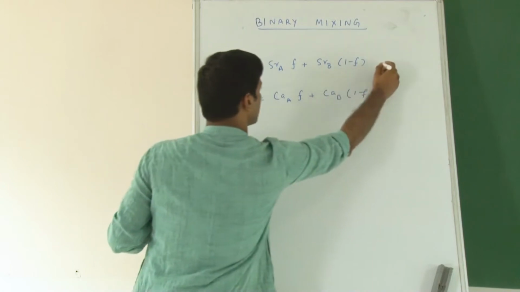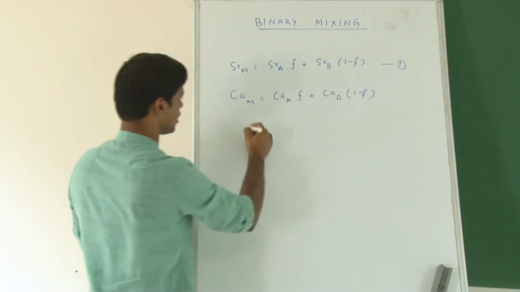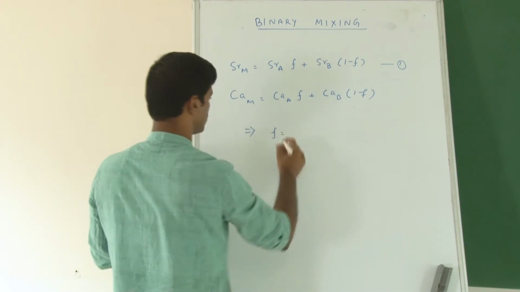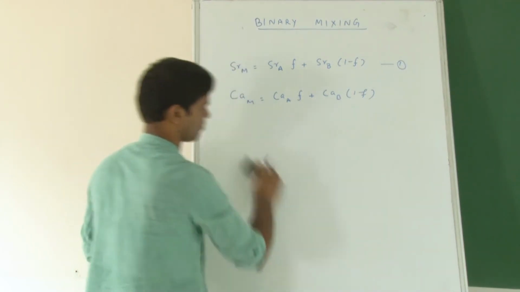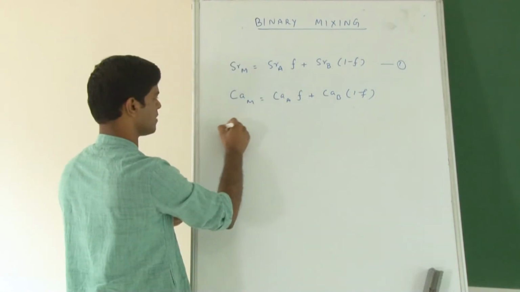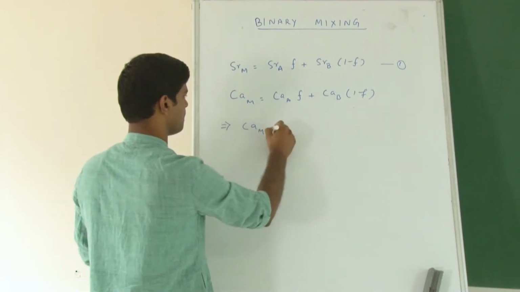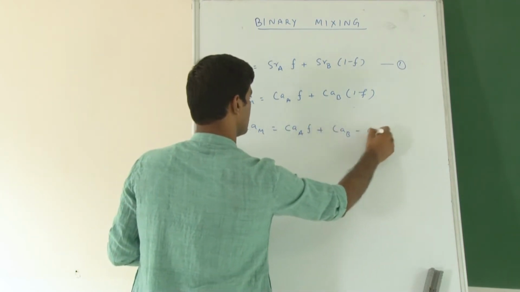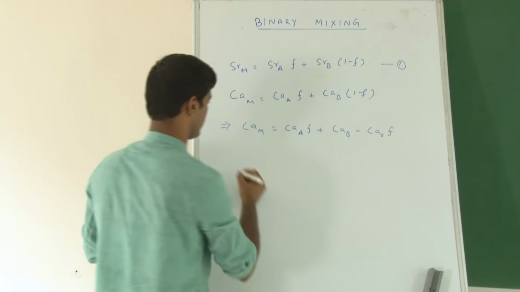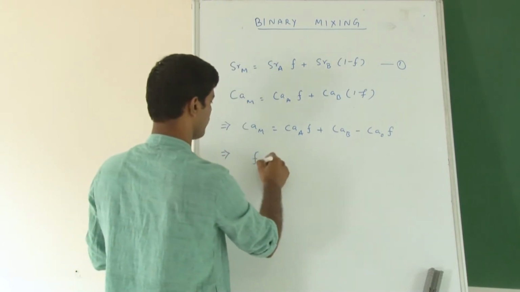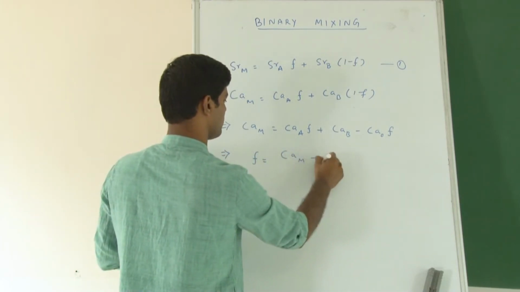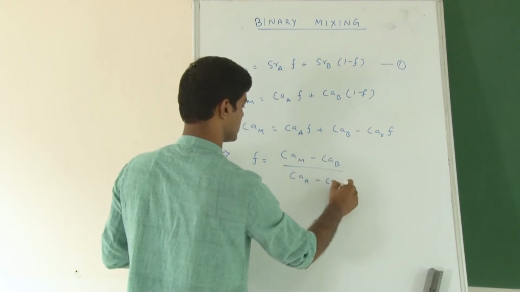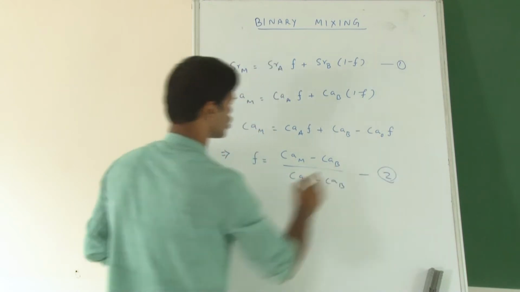So, if you solve this for F value, F will be equal to, so now this equation becomes calcium M equals calcium A into F plus calcium B minus calcium B into F. So, this is actually F equals calcium M minus calcium B, divided by calcium A minus calcium B. So, this is let us say equation 2.